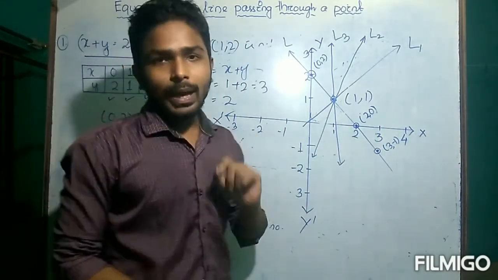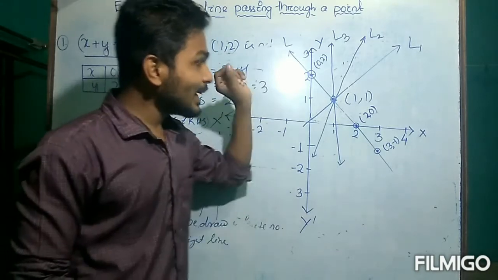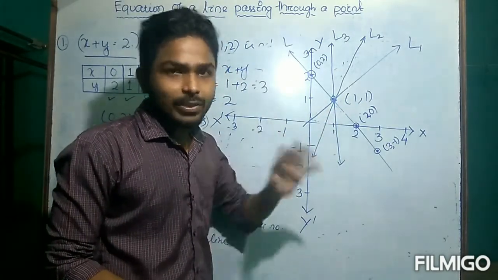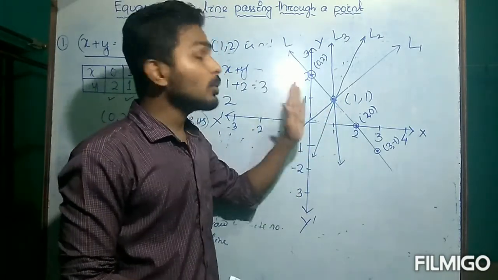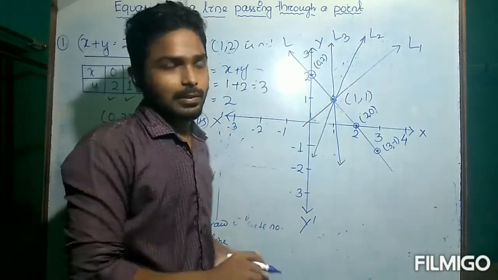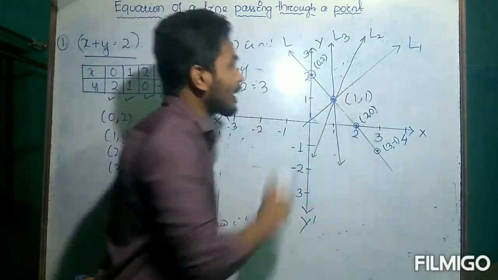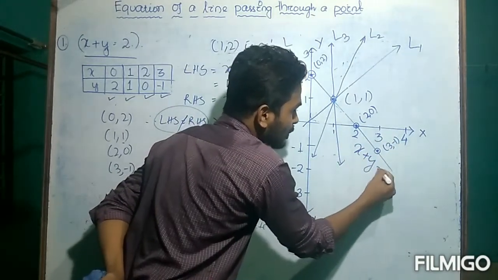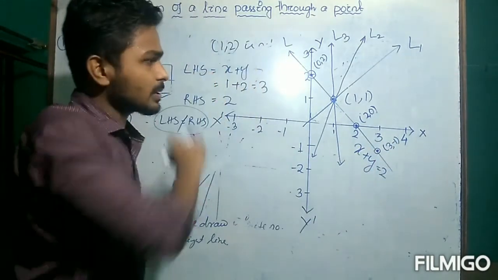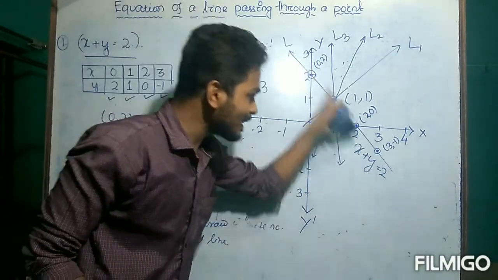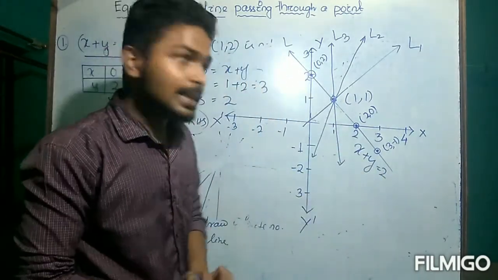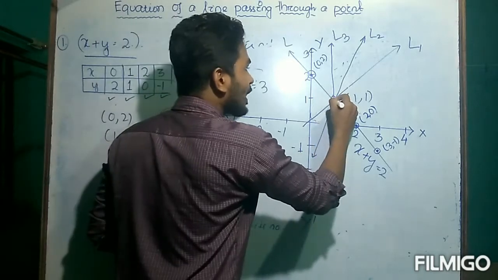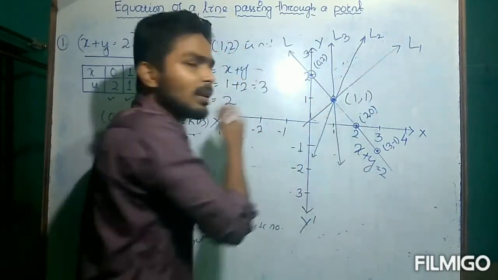But in note 1, we studied that if a point lies on a straight line, then it will satisfy the equation. Here the point 1 lies on the line L, and the equation of L is x plus y is equal to 2, already given in the question. That means this point will satisfy the equation. Similarly, this point also lies on the line L1.